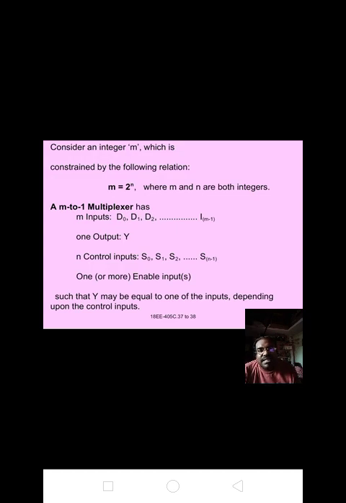Consider an integer m constrained by the relation m equal to 2 power n, where m and n are both integers.